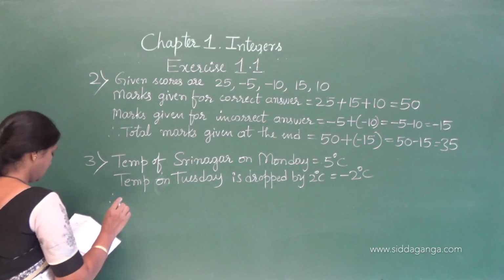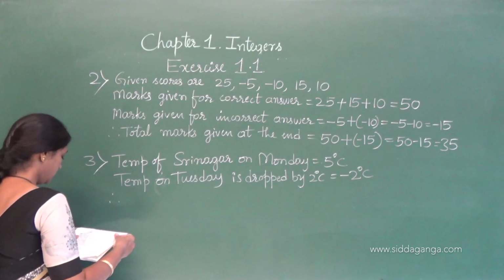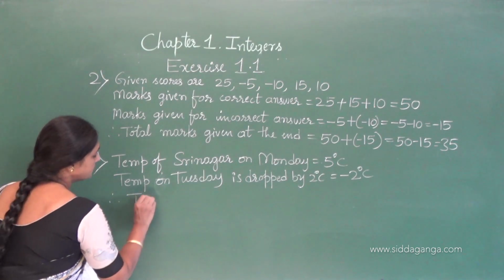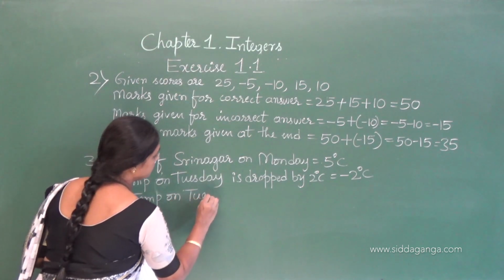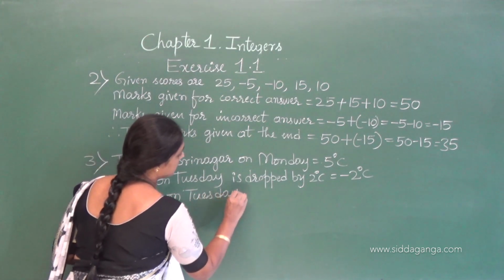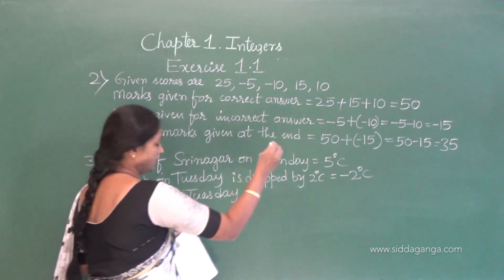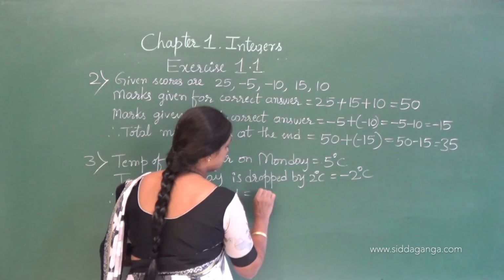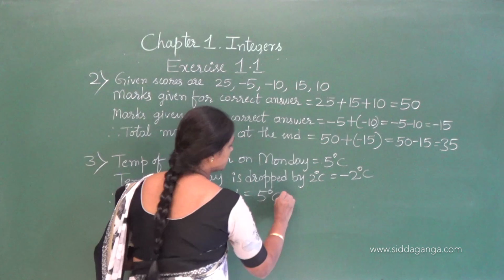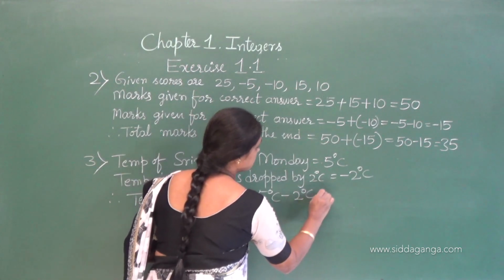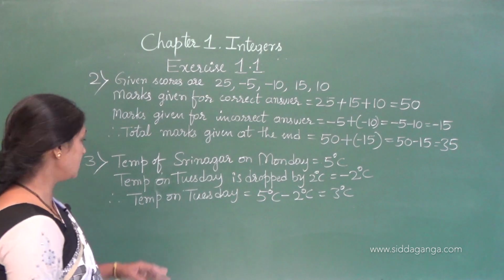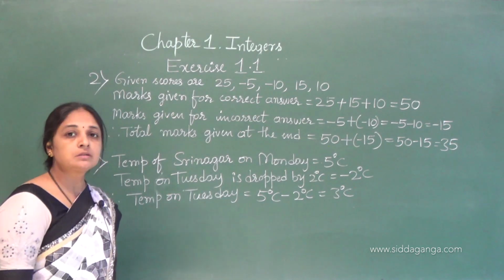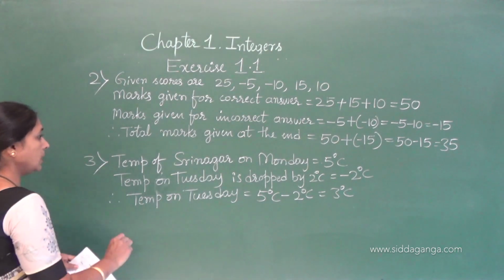Therefore, temperature on Tuesday is equal to 5 degrees Celsius minus 2 degrees Celsius, that is 3 degrees Celsius. The temperature on Tuesday is 3 degrees Celsius. Okay.